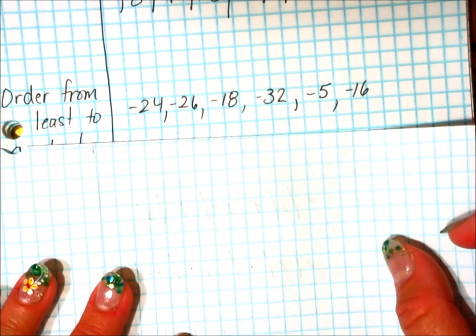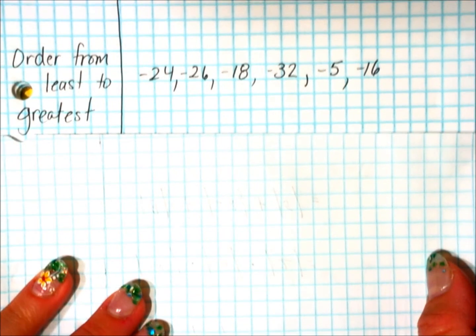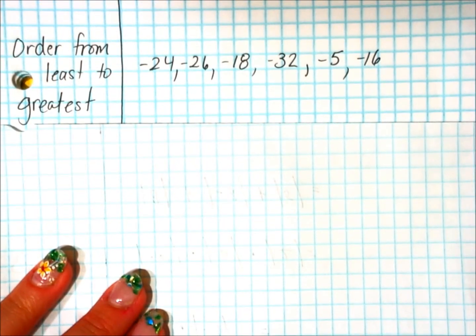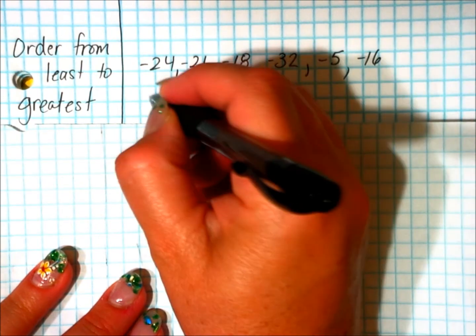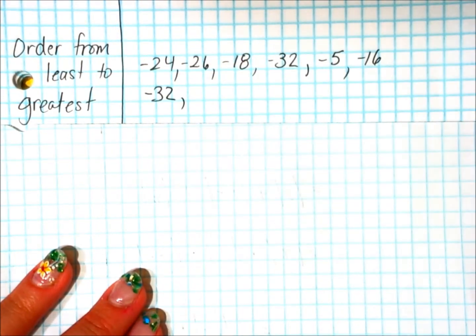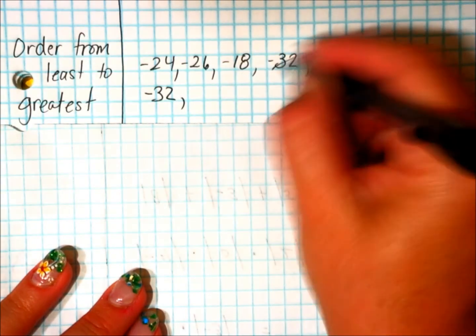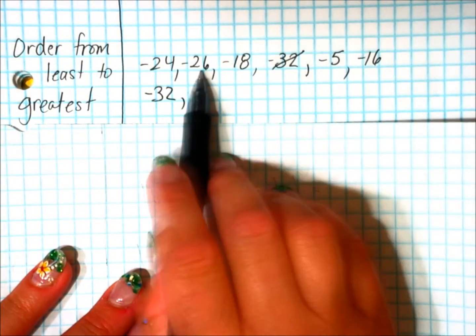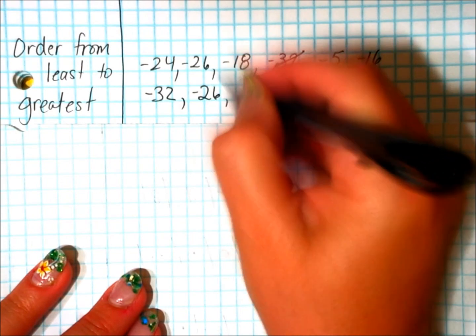All right, let's put some numbers in order. So we're looking at least to greatest. So again, they work backwards when they're negative. So I owe somebody $32, or -32, is going to be the smallest number in that group. The next smallest would be -26.